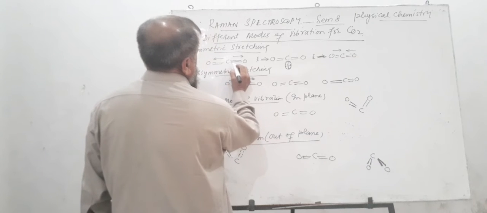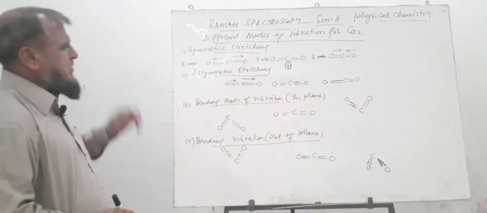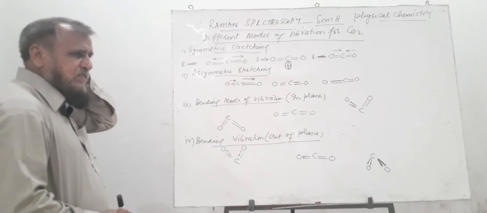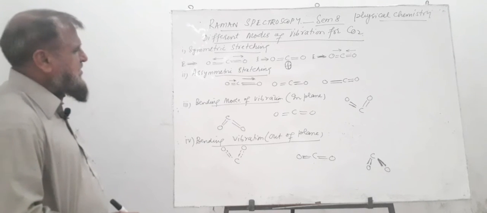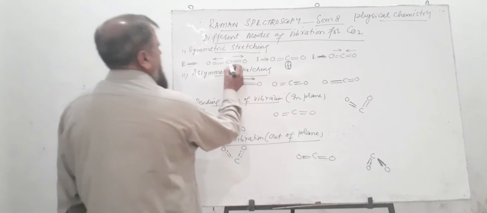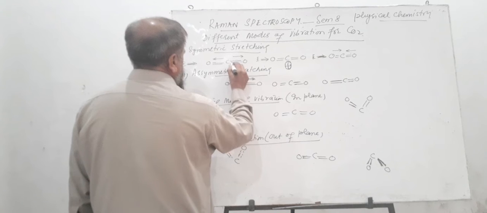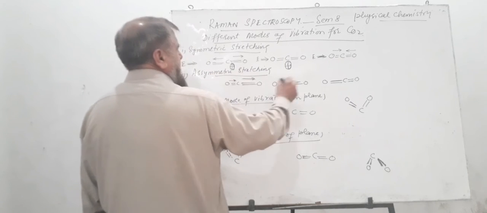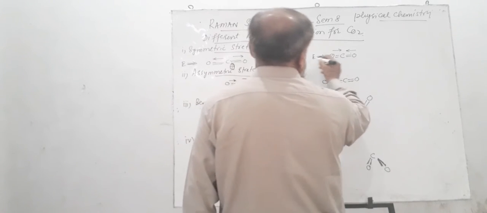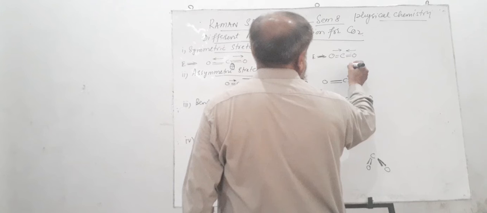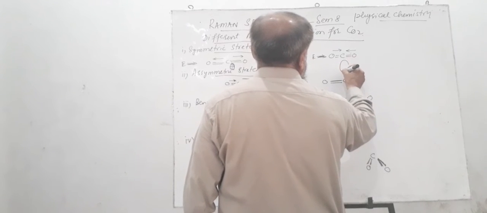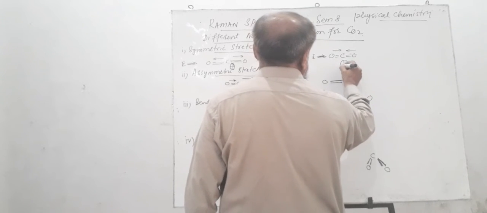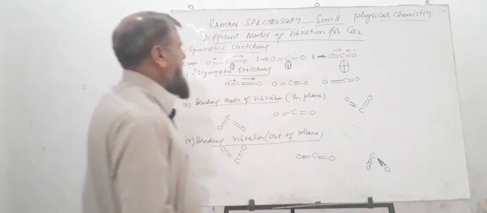As the bond length increases, the polarizability will also increase, and it will be represented by small size ellipsoid as the polarizability is increasing. In this case, as we move towards compression, the polarizability decreases and it is represented by a larger ellipsoid.